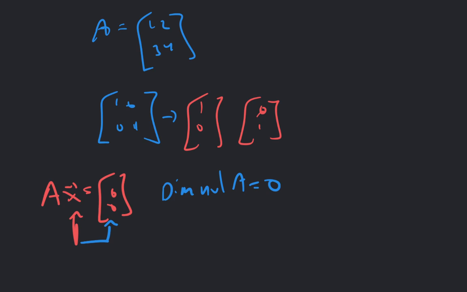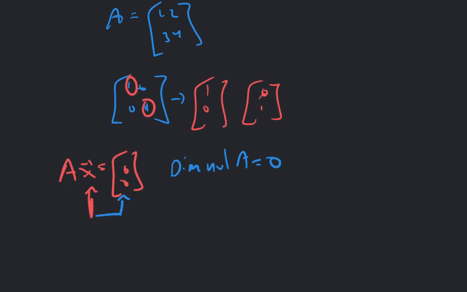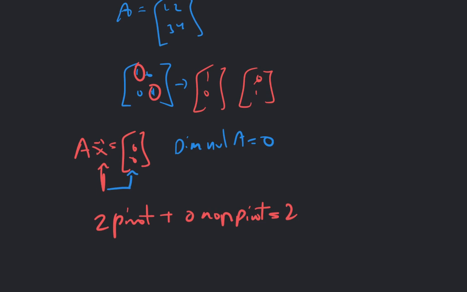And we have 2 pivot columns here and here, so that we have 2 pivot plus 0 non-pivot, and that's equal to 2, which is the number of columns. Since the columns of this are linearly independent, and there are 2 in R2, they span all of R2.